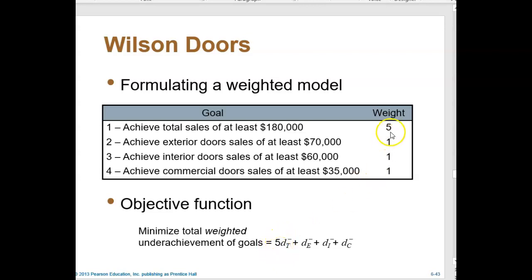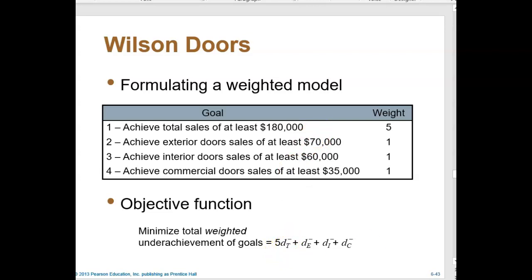But for now, because we are ranking goal number 1 as the highest of all the goals and it's ranked much higher than the remaining 3 goals, we assign an objective coefficient of 5, which is the weight of this particular goal, to the deviation variable of that goal, which is DT negative.